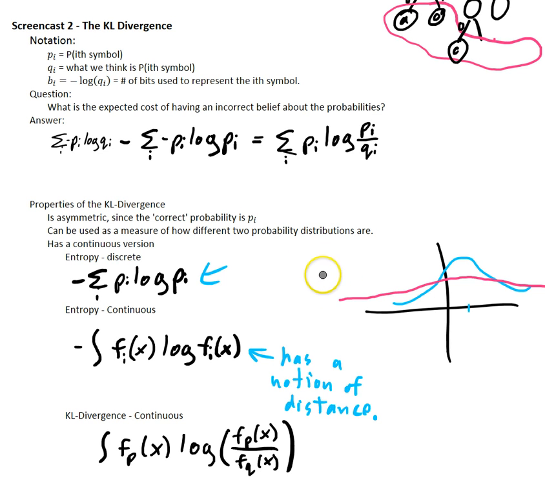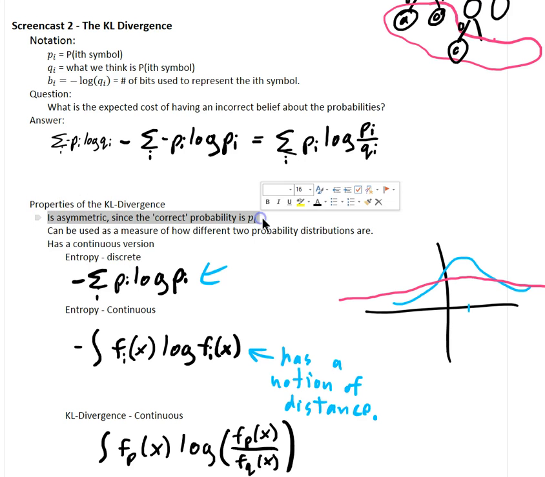All right, so just to review quickly, to find the extra cost of having an incorrect belief and therefore using the wrong number of bits, we just take the difference between these two, which gives us this, and that's what the KL divergence is. And the KL divergence is a kind of measure of the distance between two probabilities. However, it is asymmetric.